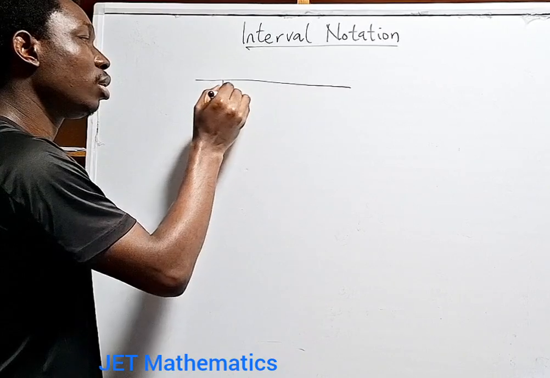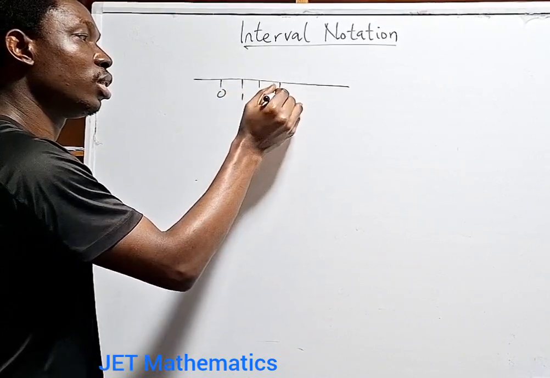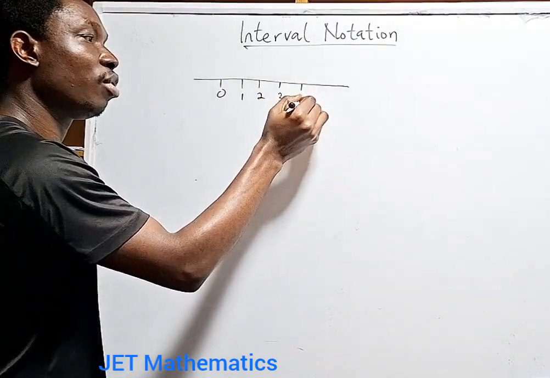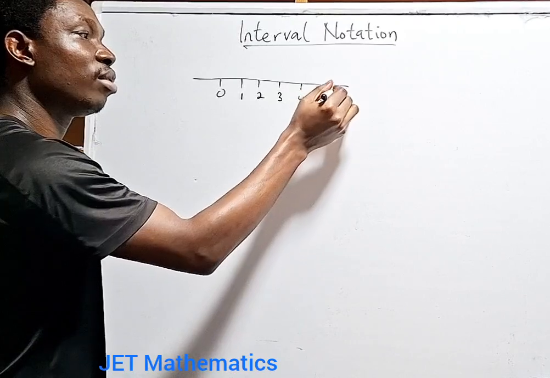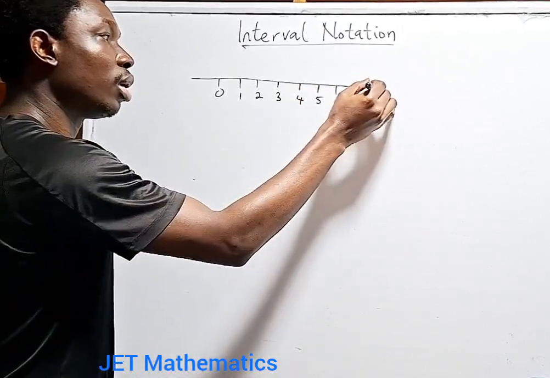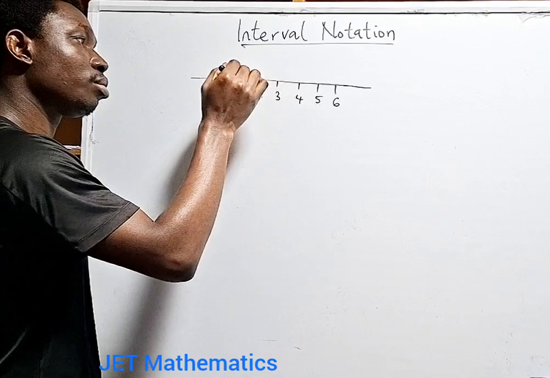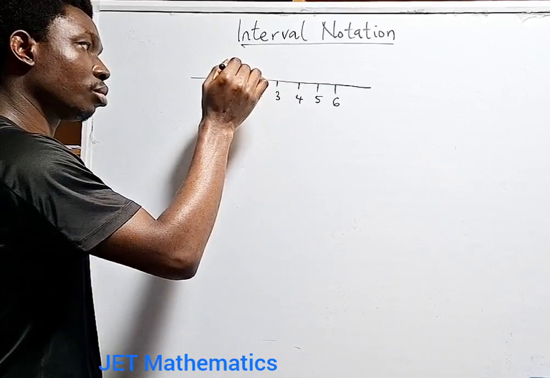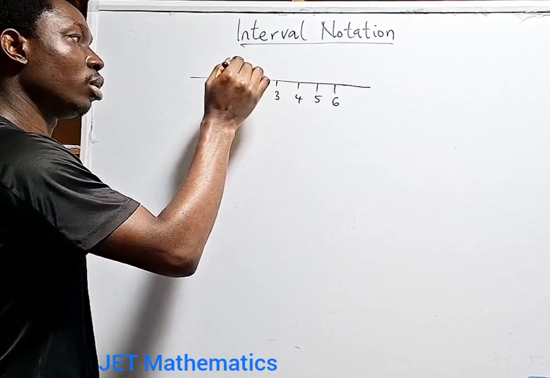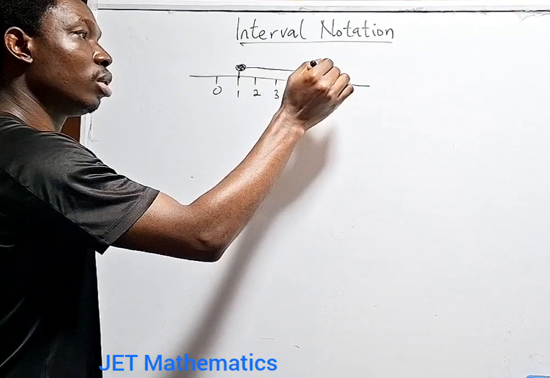Let's say this is 0, this is 1, this is 2, this is 3, this is 4, this is 5, this is 6. So I can write, maybe I have this inequality like this.